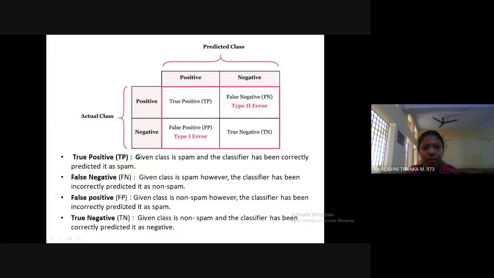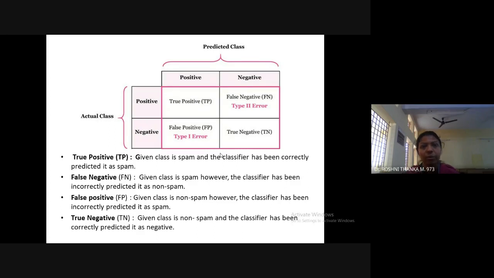Here is again an example of the same confusion matrix. The rows represent the actual value, and the columns represent the predicted value. True positive means a positive result that is true. Here we want to classify whether a mail is a ham mail or a spam mail.